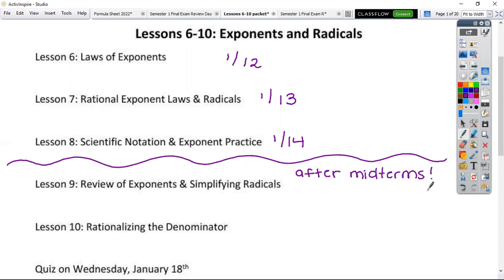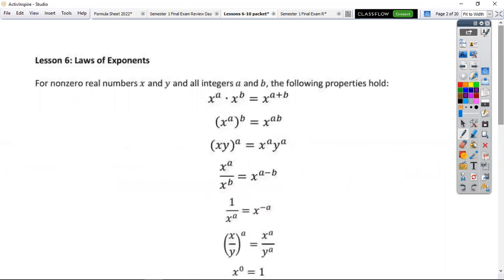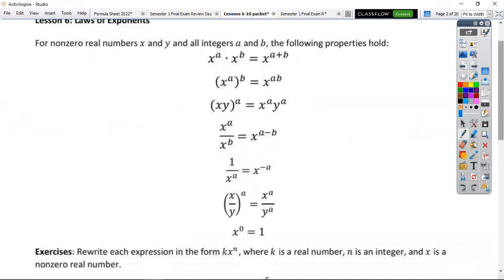Okay. So we're going to begin. We're going to look at just the rules for exponents. So I listed them all out in your notes. I'm going to have you just add a little bit of verbal description to each one so that you can remember what you're doing for those. So your first property of exponents is when you're going to use multiplication and your base will be the same.